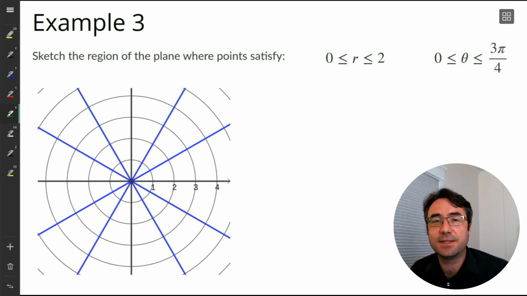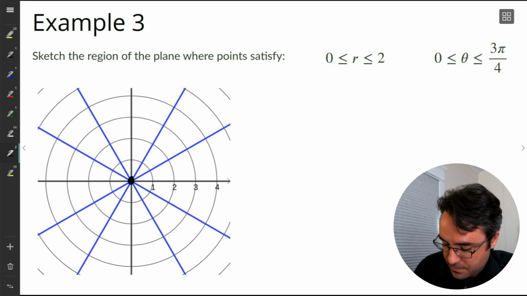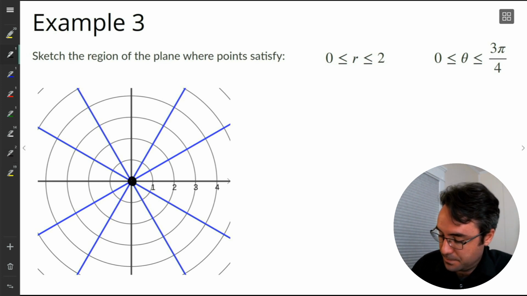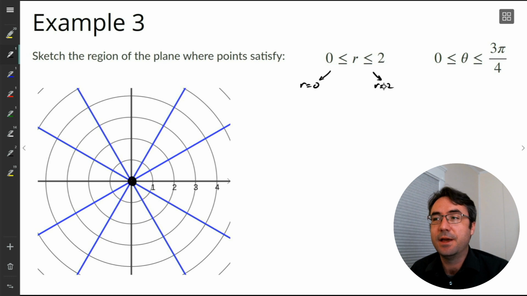And so in each of those cases, when we look at just the endpoints, we're really looking at examples of those 2 curves we've looked at. So r equals 0 is just the origin. When the r value is equal to 0, we're right at the origin and nowhere else. Well, let's look at the other side of this inequality, r equal to 2.